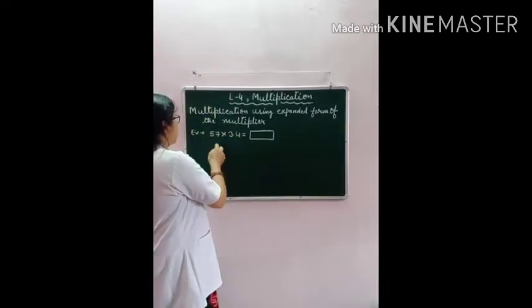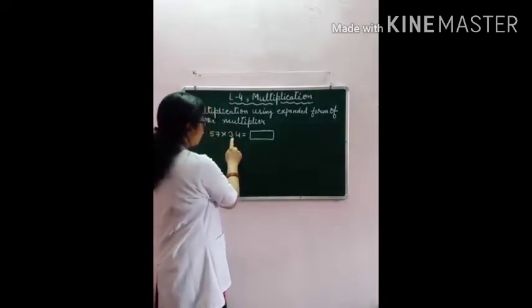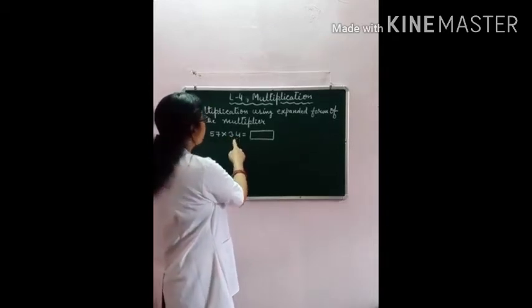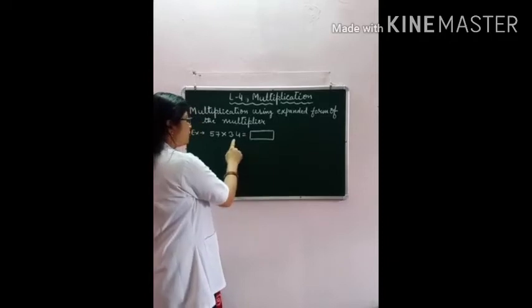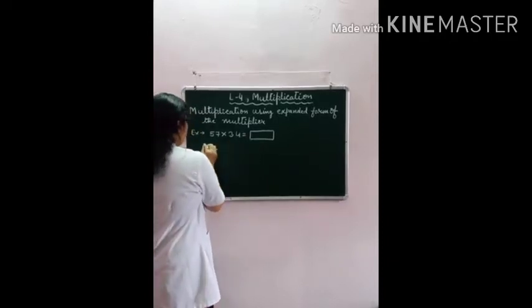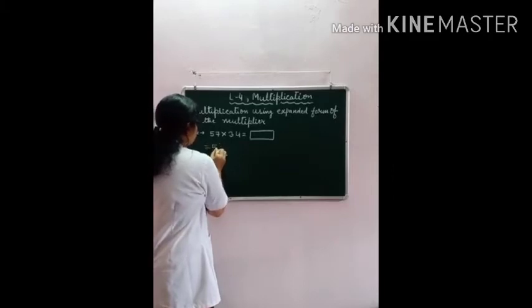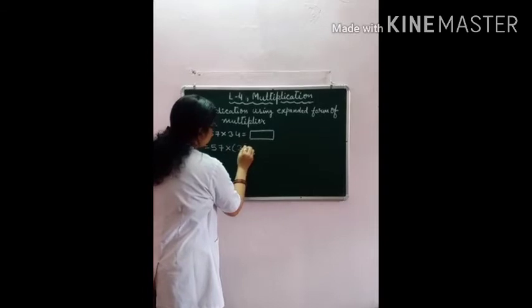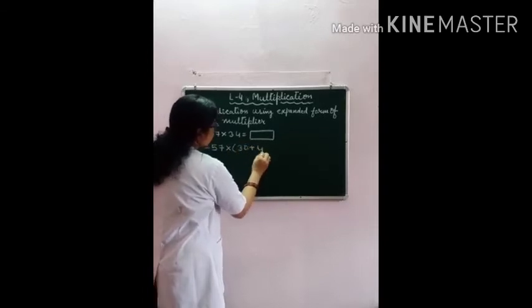Here in this sum, 57 into 34, 34 is the multiplier. So we have to expand 34 and do the multiplication. Now we'll write 57 as it is and expand 34 as 30 plus 4.